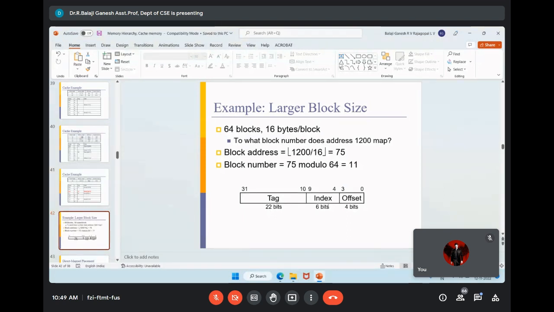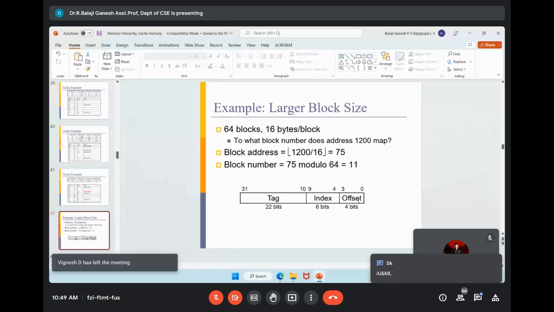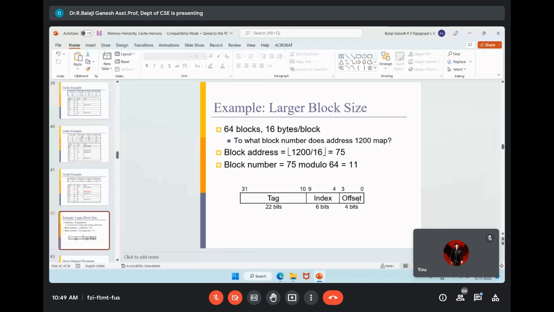And its corresponding memory visualization is given here, right? So there are 4 bits for the offset. Why 4 bits? Any idea? Offset means to identify one particular byte within the block. So one block is how many bytes? 16.